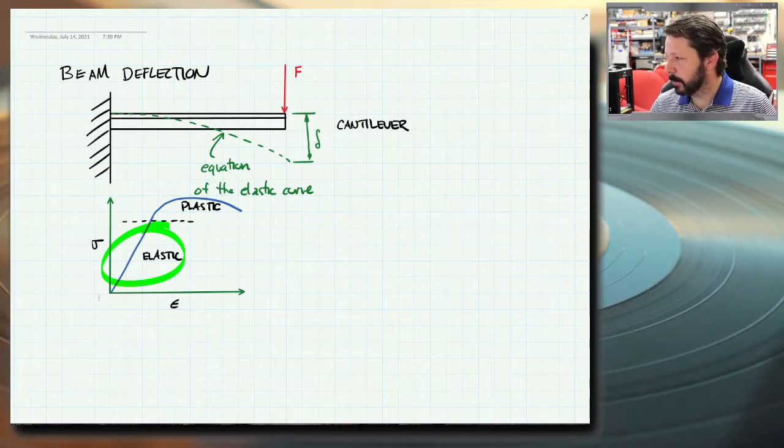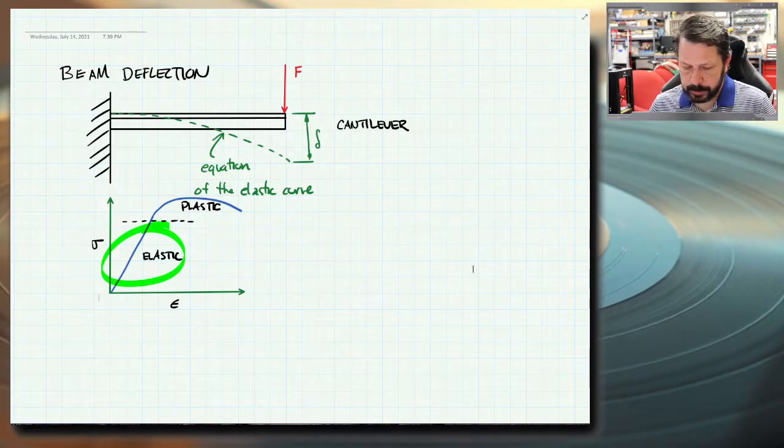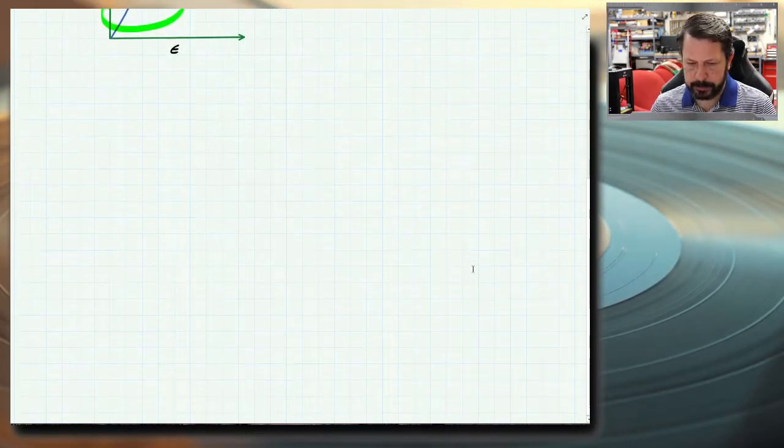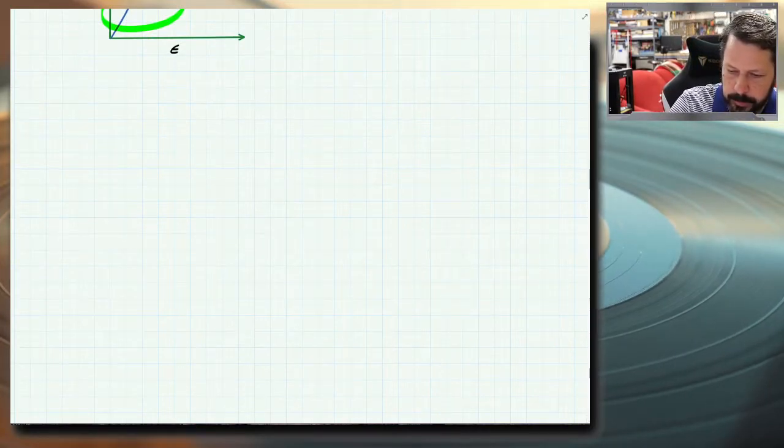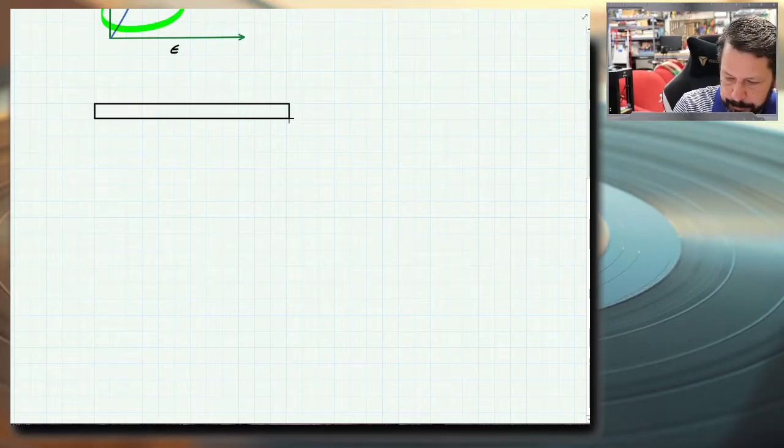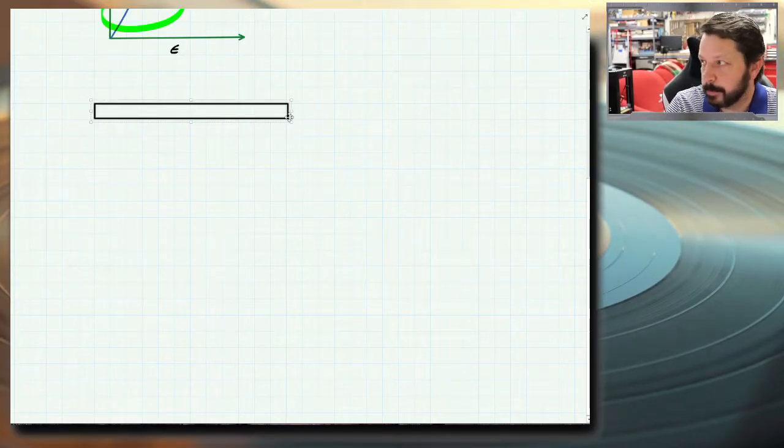Let's do that by, let's draw a simply supported beam. I think that'll work better for what we want to do now. So a simply supported beam, it'll be supported with a pin and a roller.